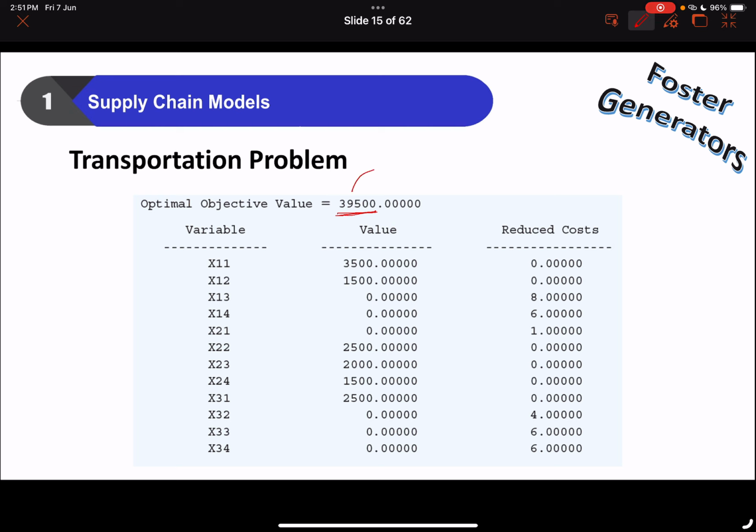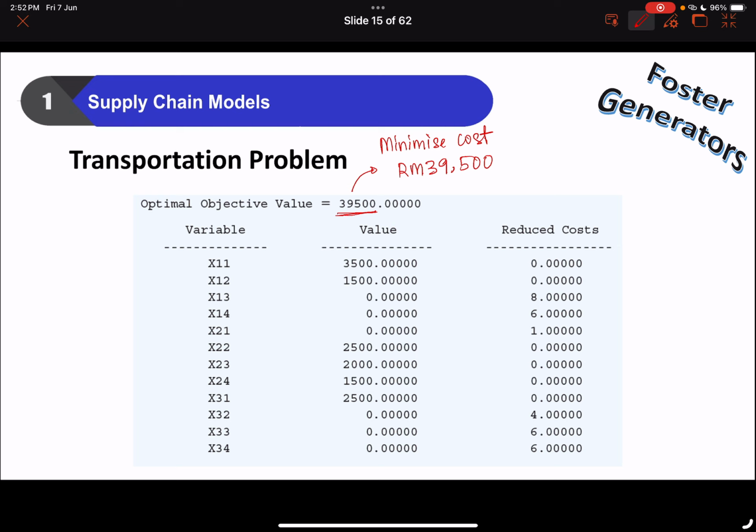What does this tell you? What was the objective? The objective is to minimize the transportation cost. So the minimum cost here is $39,500.